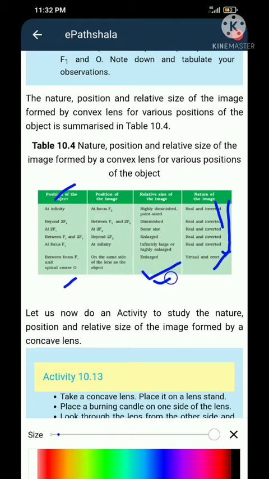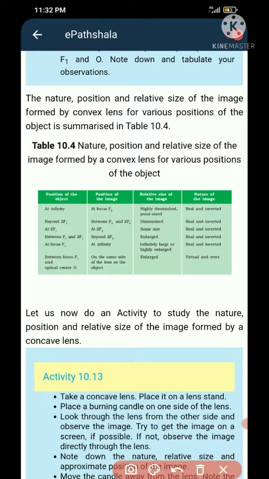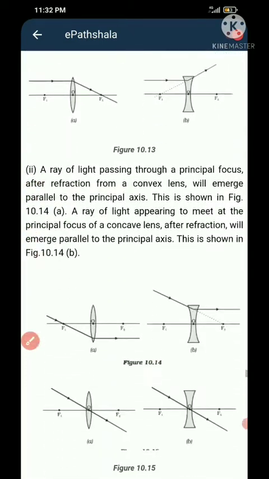The size of the image is enlarged when the object is very far away, diminished when it comes closer, and when you put it at 2F1 it becomes the same size, and then it goes up. So let's understand by this image formation.